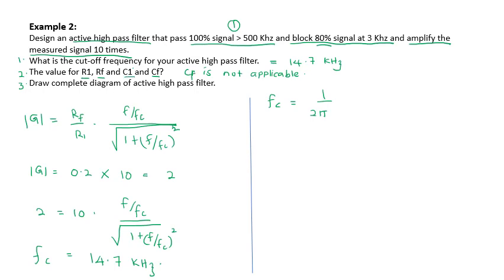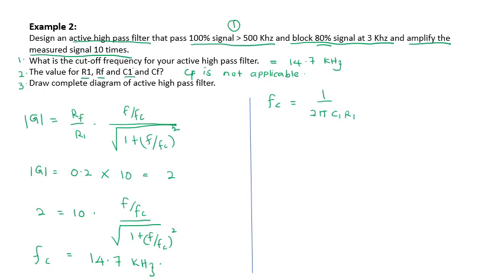Okay, CF is not applicable because this is a high pass filter. A high pass filter only has R1, C1 and RF. So it is C1 R1.